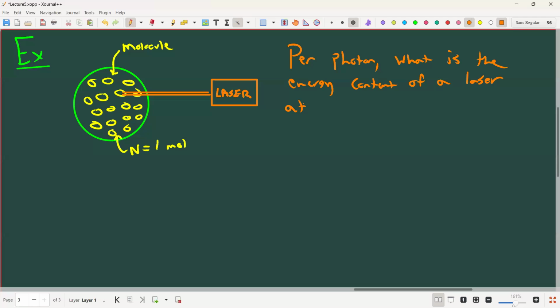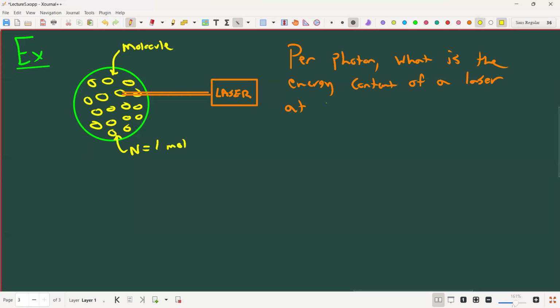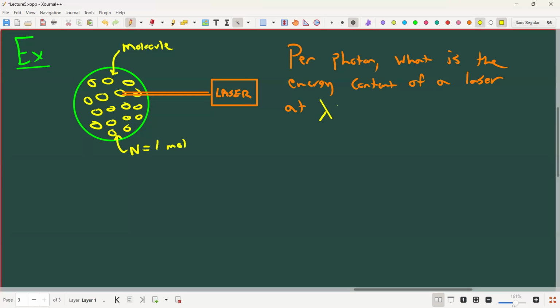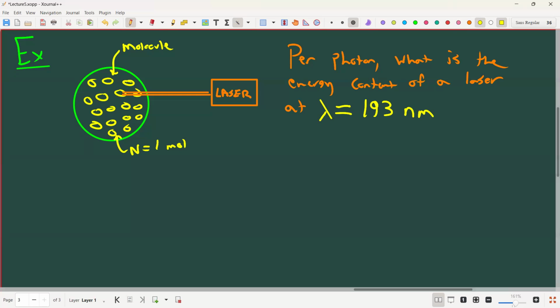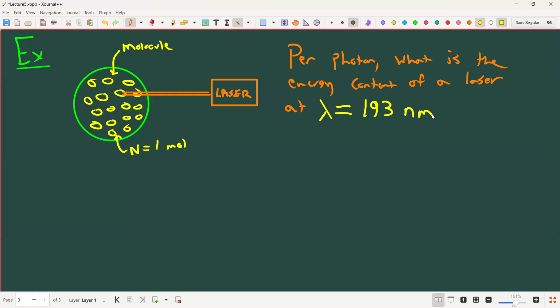Let's pick a frequency or a wavelength that would be common when we do photochemistry. So let's set it to a classic example. We're going to do a wavelength of 193 nanometers.